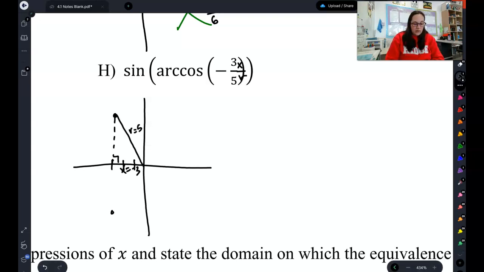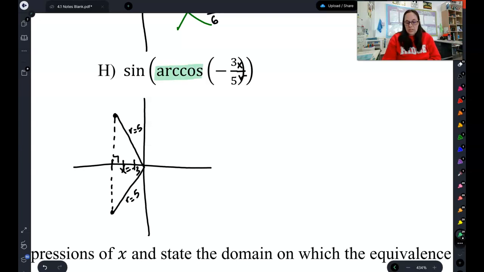And note that there are two triangles that fit this. X is -3, r is 5. Both of those two triangles fit. However, because this is an arc cosine, I stick to quadrant 1 and quadrant 2. So that one goes away, and this is the triangle I want.